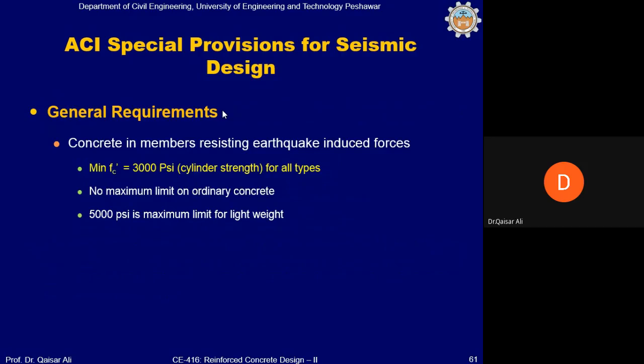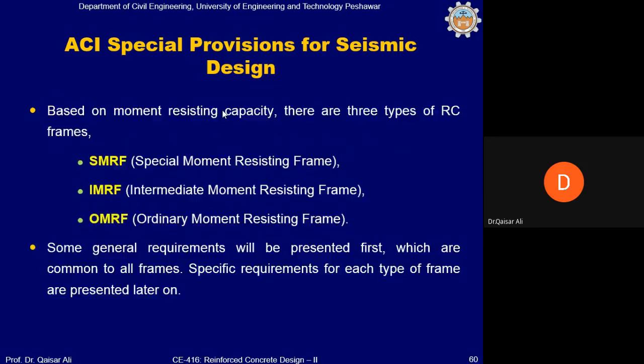Okay, one more thing that I forgot to explain. When we say moment resisting frame, you know that every frame can resist bending moments at certain locations, even if it is not designed for earthquake and if it is only designed for gravity.